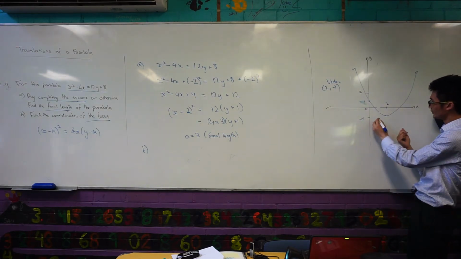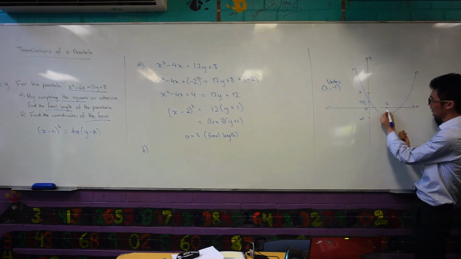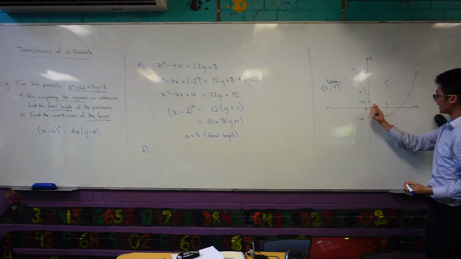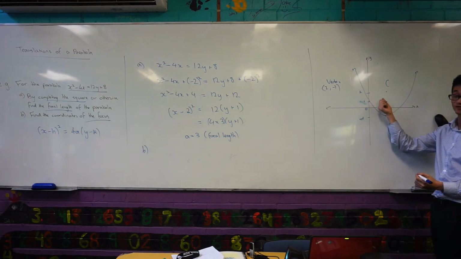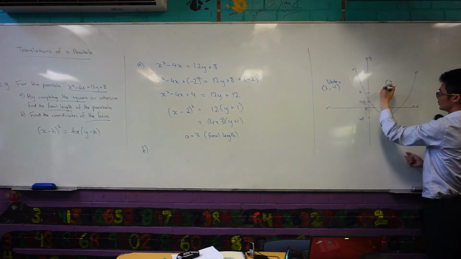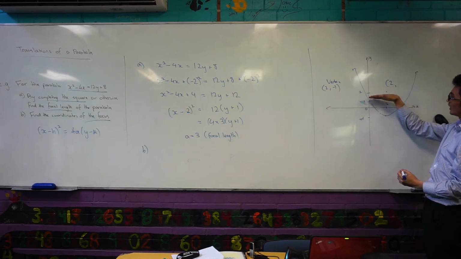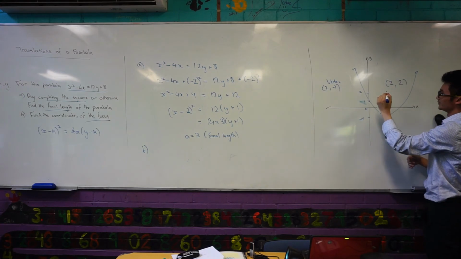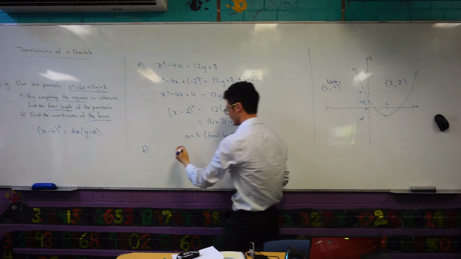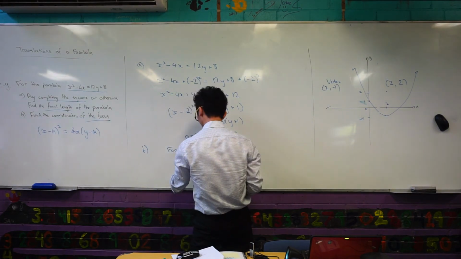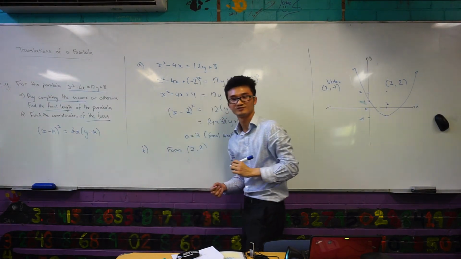So counting 3 units up from the vertex, I'll go up 1, 2, 3. That brings me to here. And so the x coordinate is going to stay the same because the focus is directly above the vertex. That's just going to be 2. And my y coordinate, well, that was 3 above negative 1, and so that's just 2. So my focus has coordinates (2, 2). That's what you're going to do.